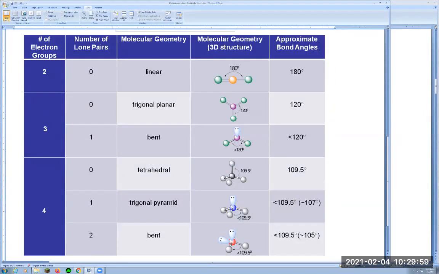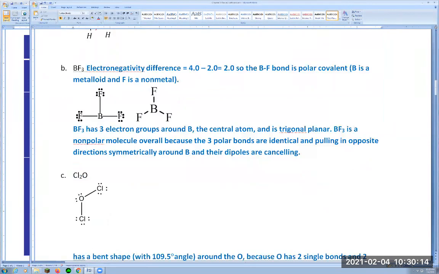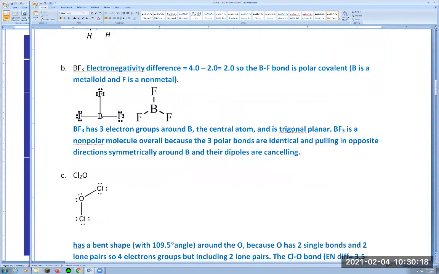So that's the real bottom row of the table, where you have 4 electron groups, 2 lone pairs, and the molecular geometry is bent with an angle of less than 109.5. So we can say that this molecule here is bent. It has a bent shape with an angle of 109.5 around the oxygen, because oxygen has 2 single bonds and 2 lone pairs. So 4 electron groups around oxygen, including 2 lone pairs.